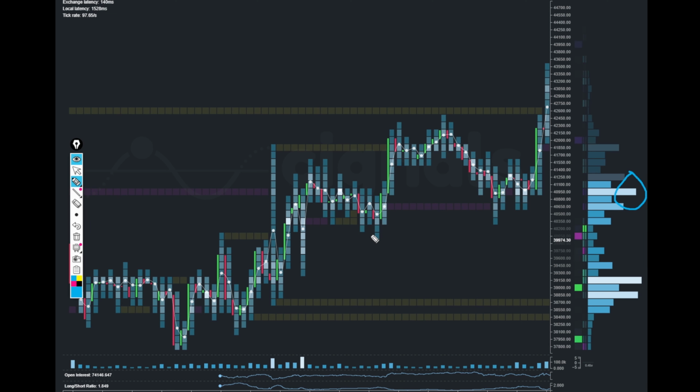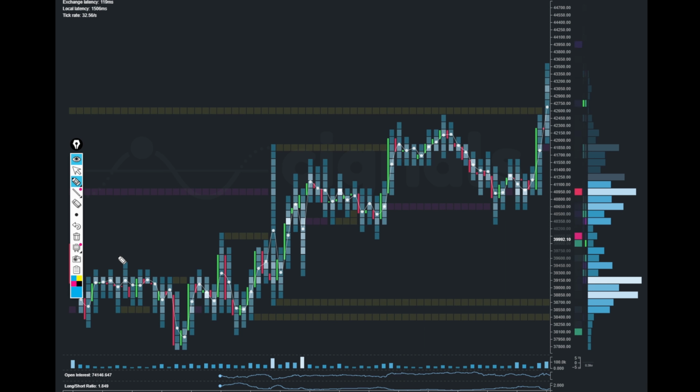Meaning that the VPOC, the volume point of control, has moved away from its previous place, which was in the lower end of this trading range around UFA support, around the lows, 38, 37, 39, as we started to correct higher from the recent lows of about 33, 34K, we couldn't get above 40.